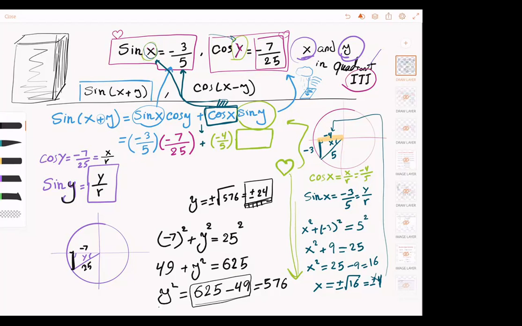Minus. Very good. Because we are in this quadrant, it's negative. So -24. So the final answer will be -24 over 25. And you plug it here.